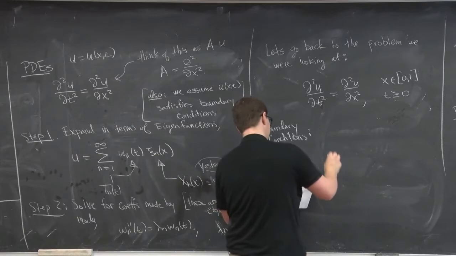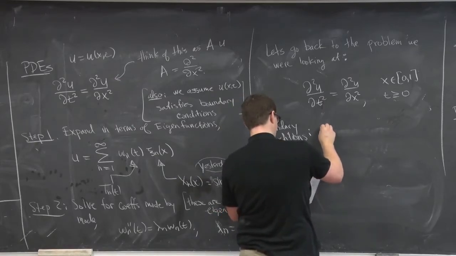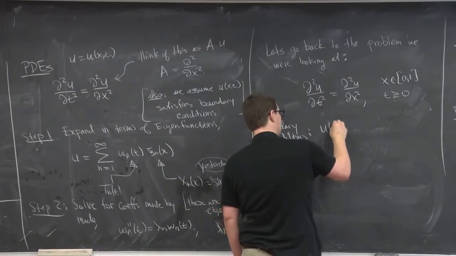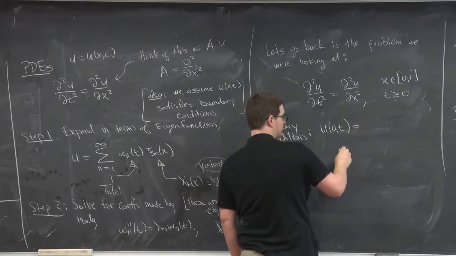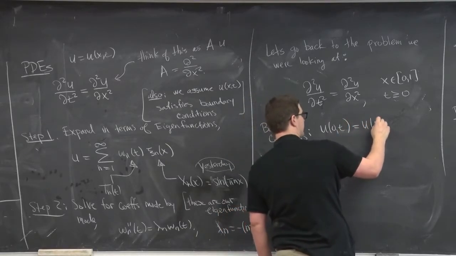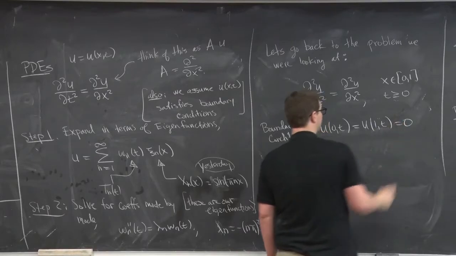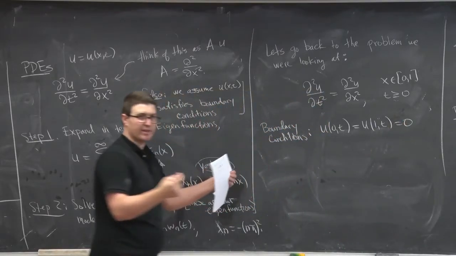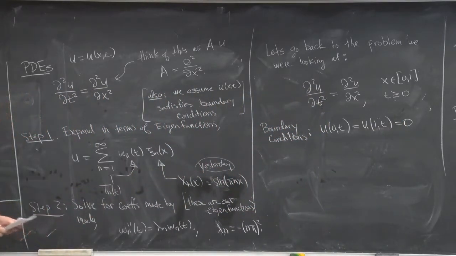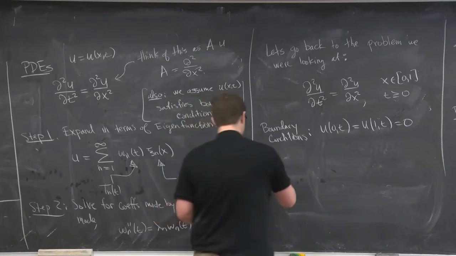The boundary conditions said that the endpoints are going to be 0. So that fixes them at the end of the guitar. And then we had initial conditions.